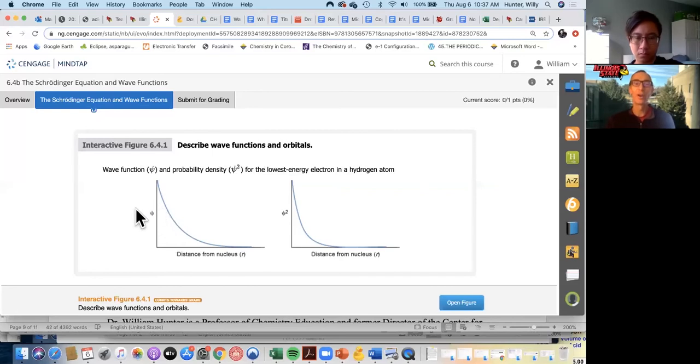So going from the wave function to the squared wave function means the numbers over here on the right are even smaller. All of that is a way of saying that the wave function and the probability density of where we're going to find lowest energy electrons, they are not at the nucleus.